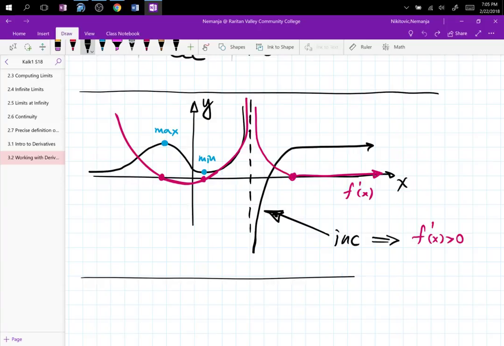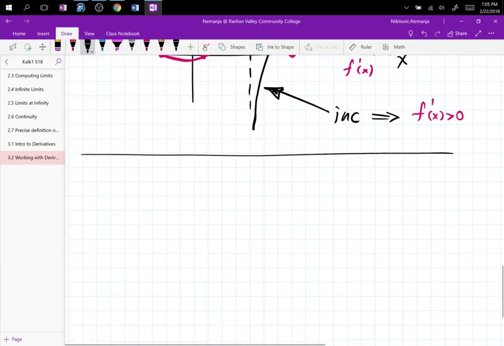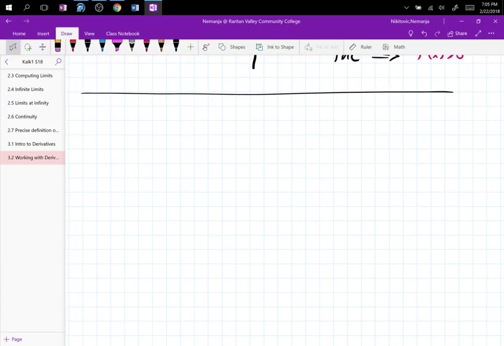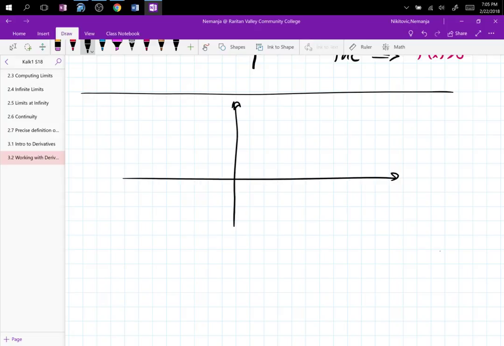I mean, technically that's it. Let's do one more example for you to practice. Again, sketch the derivative. I'll put 2 vertical asymptotes this time for double the fun.